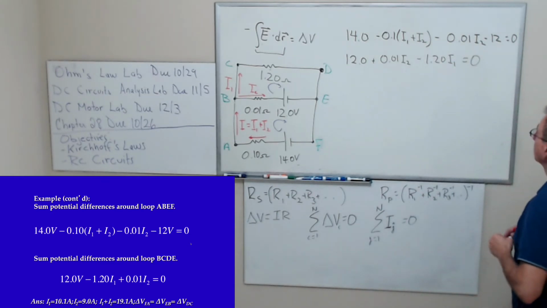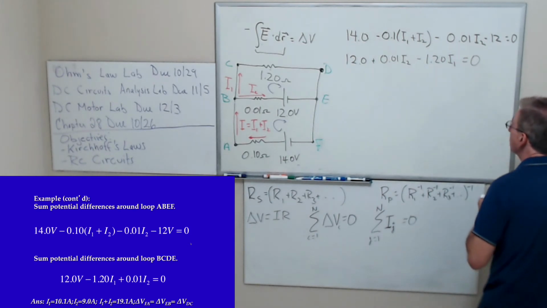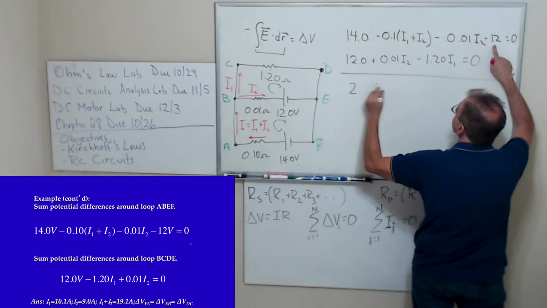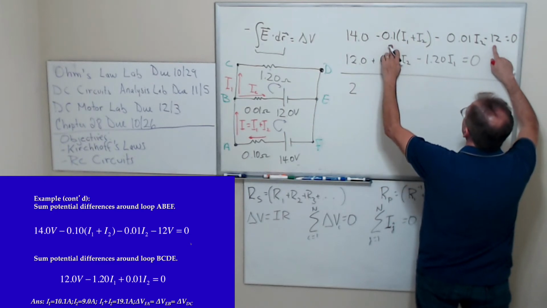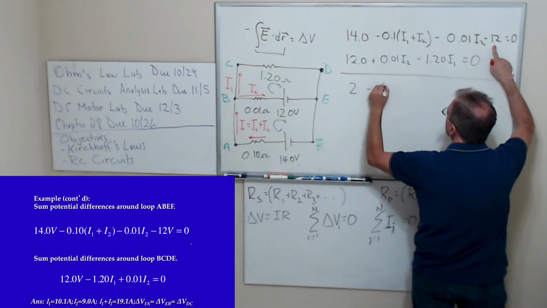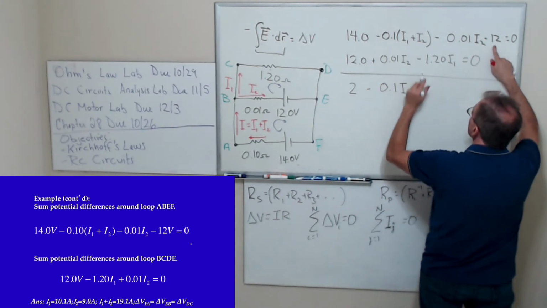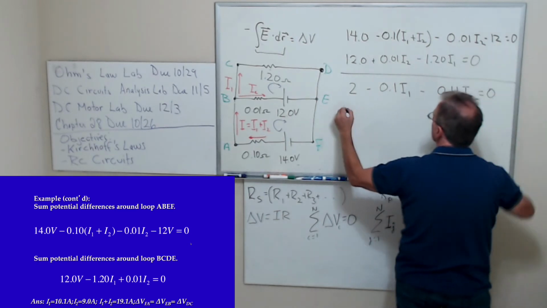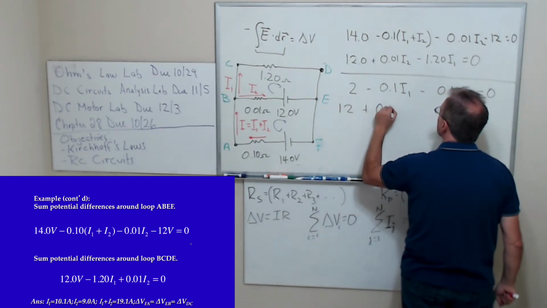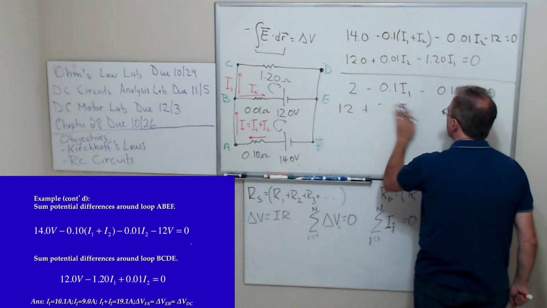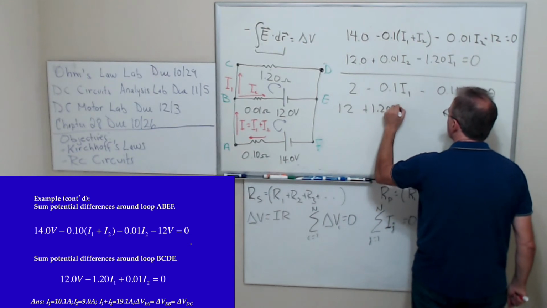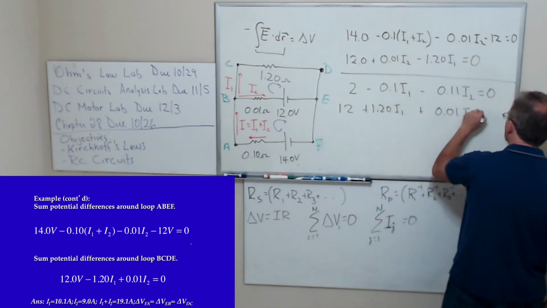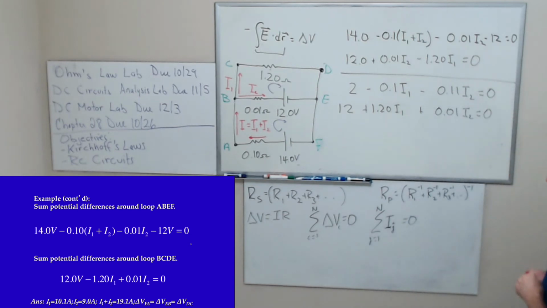So I have my two equations and two unknowns. Let me rewrite the top one. 14 minus 12 is 2. And then let me simplify this. Okay?